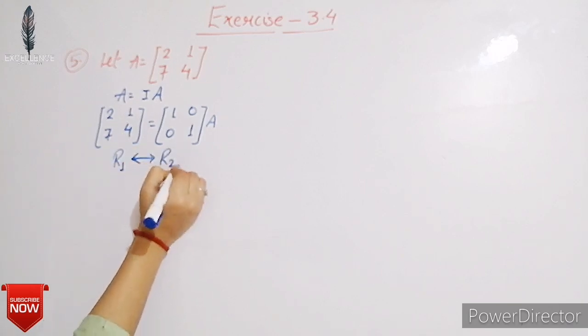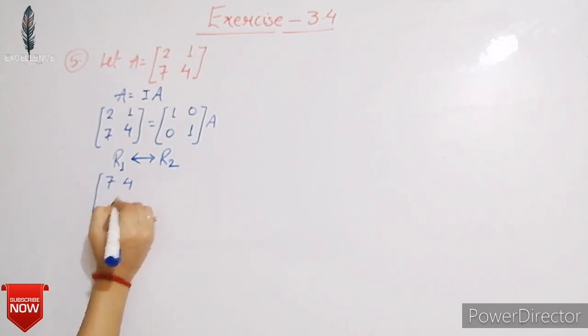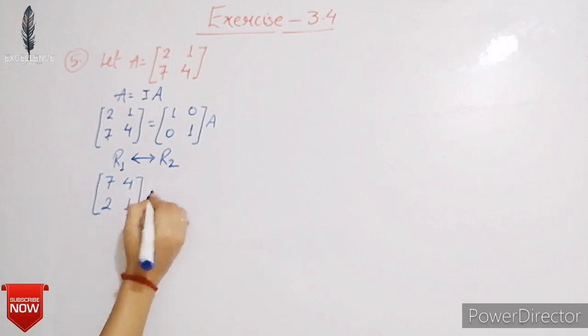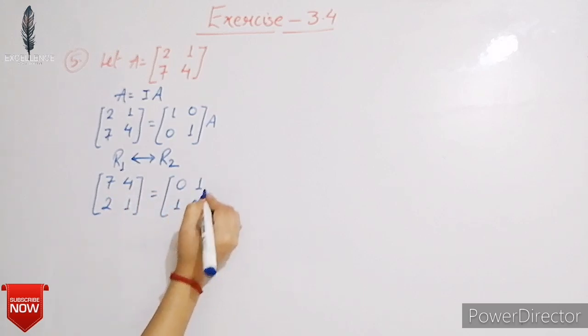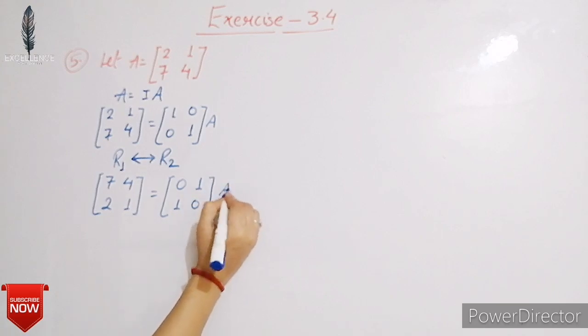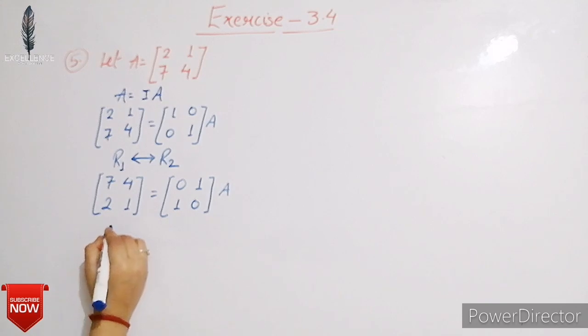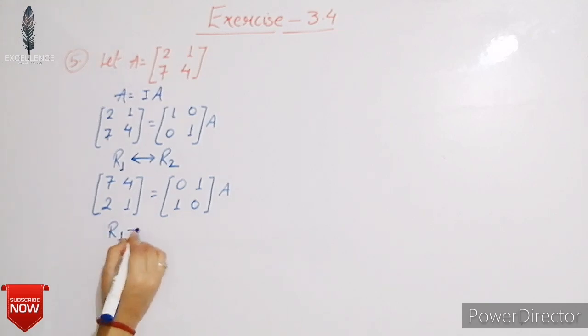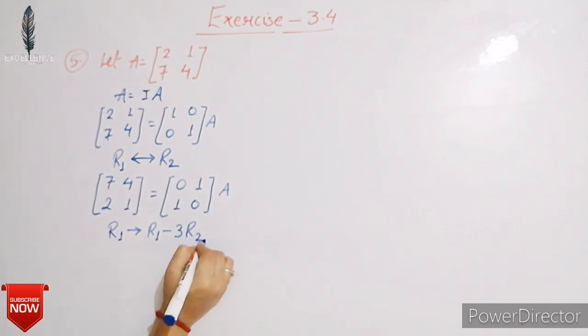So R1 interchanges with R2, then we get 7, 4, 2, 1 is equal to 0, 1, 1, 0 into A. Now, apply the changes R1 to simplify it. Then R1 changes to R1 minus 3R2.